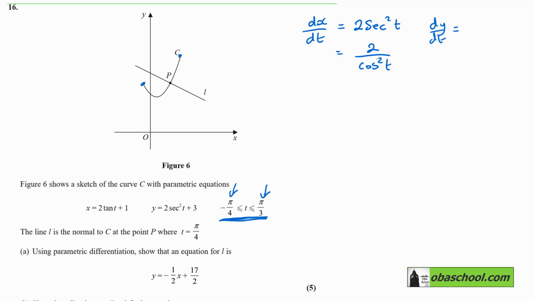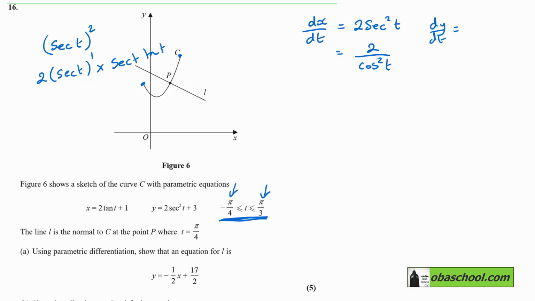So when we have sec squared t, remember what that means is sec t squared. So differentiating, we're going to get 2 sec t to the power 1, but chain rule means we need to multiply by the differential of the inside. Differentiating sec gives us sec t tan t.